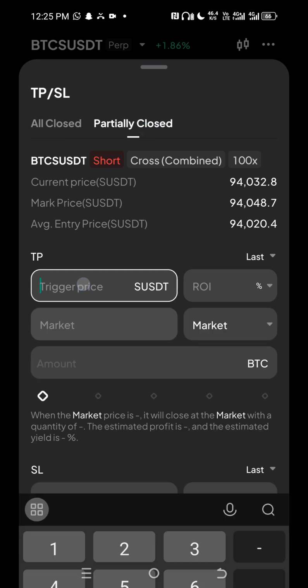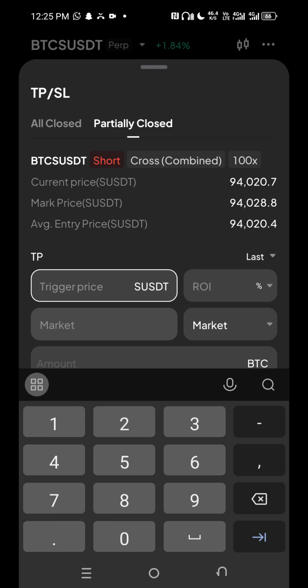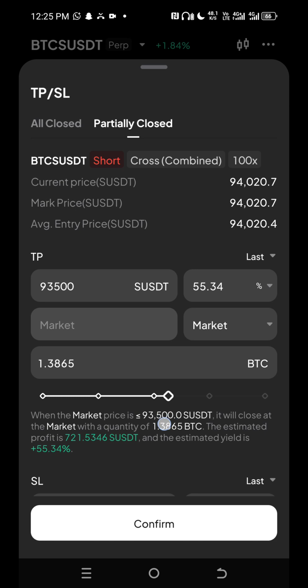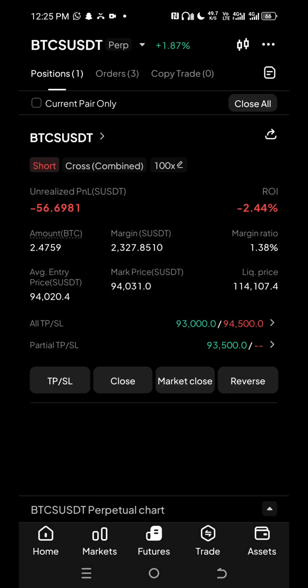Let us say I want to set partial TP. If you get to 93,500, I want it to close about 50% of my position. Once you get to 93,500, close 50%. I've set it.